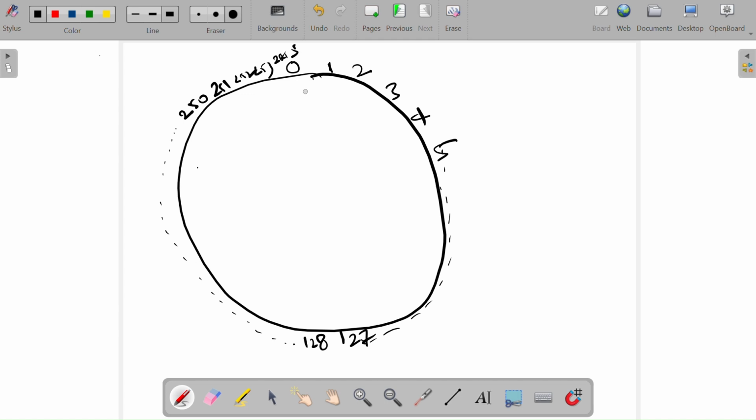Again for signed: 1, 2, 3, 4, 5 and so on, 127 here, then -1, -2, -3, -4, -5 and so on, -128.